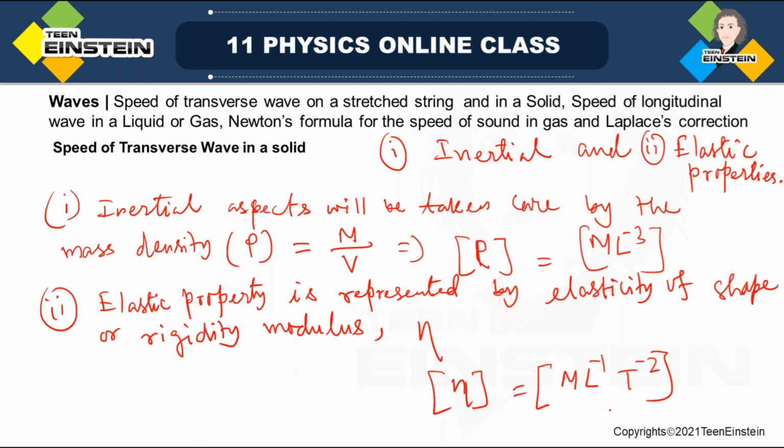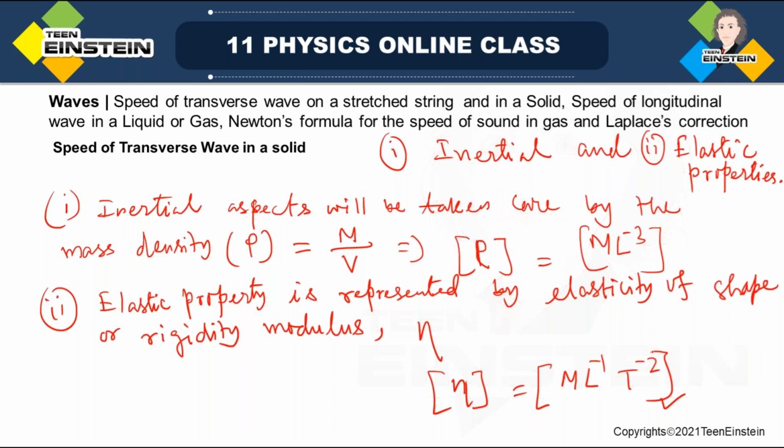So any kind of modulus, whether it is shape modulus, Young modulus or bulk modulus, the dimension remains the same: m L to the power minus 1 t to the power minus 2.